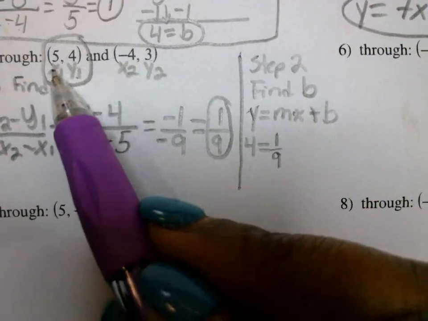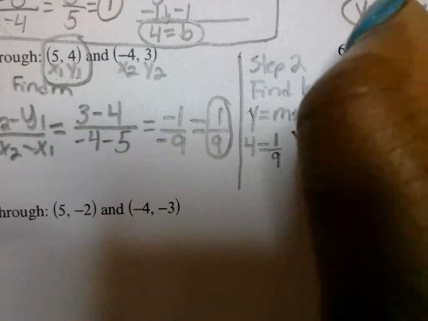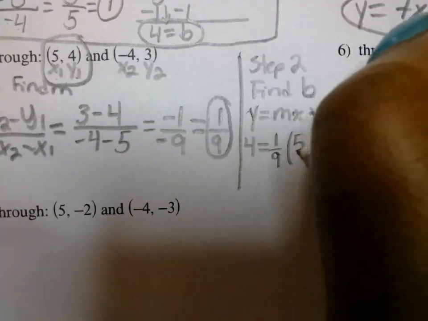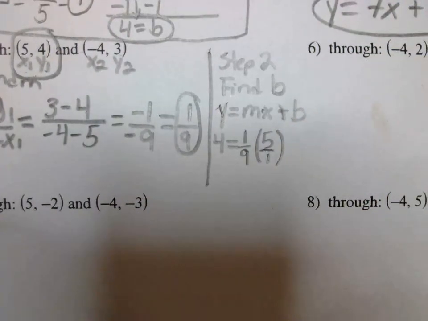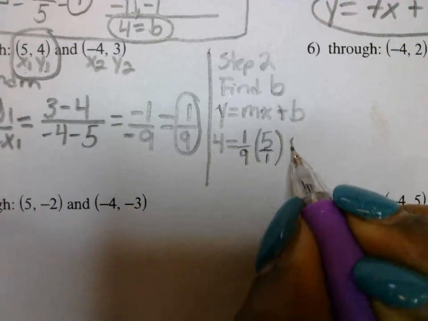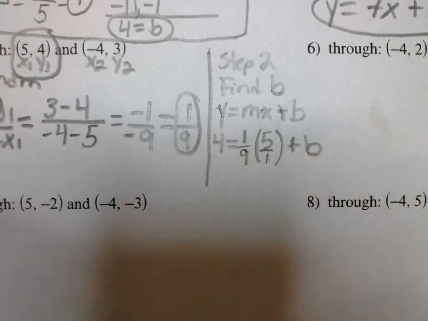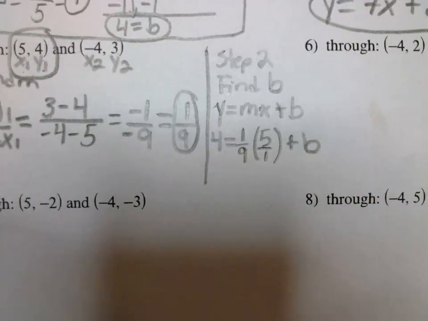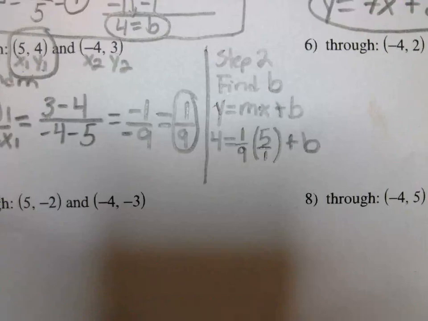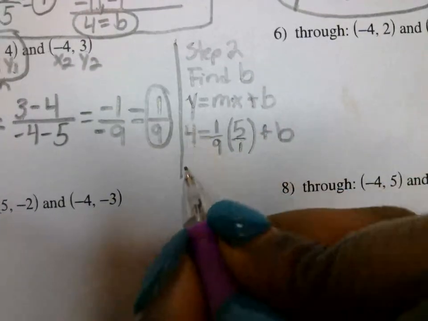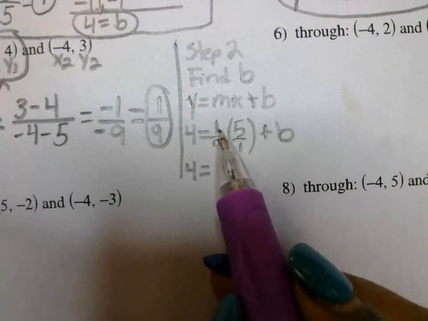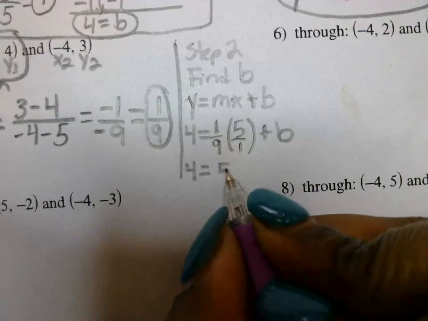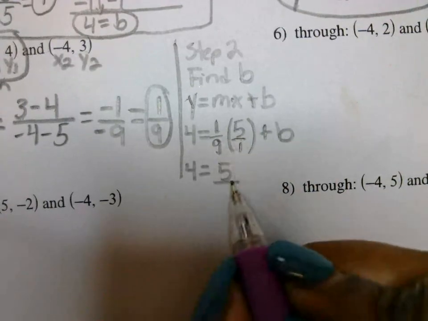Which one of these numbers is X? 5. And we're going to write 5 as a fraction by putting a 1 under it. Then bring down plus B. Now let's multiply. Bring down the 4. Bring down the equal. What's 1 times 5? What's 9 times 1?